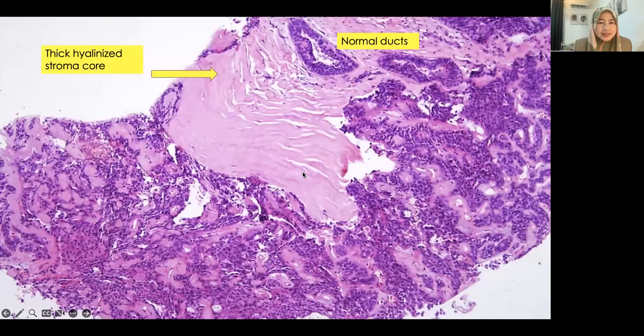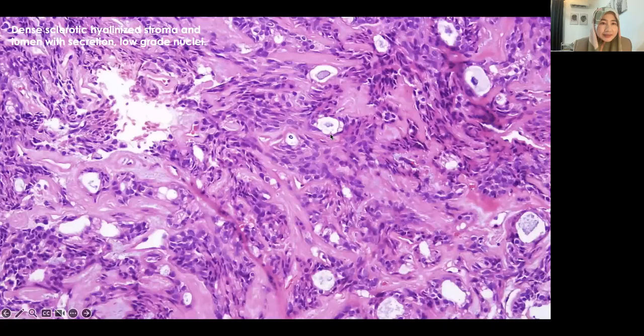In other areas, we can appreciate the thick hyalinized stroma with the normal ducts here. This view highlights the dense sclerotic stroma and also the cystic lumen with secretion here and there, and the nuclei show low-grade nuclei.